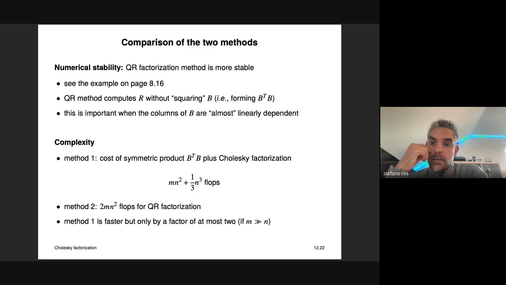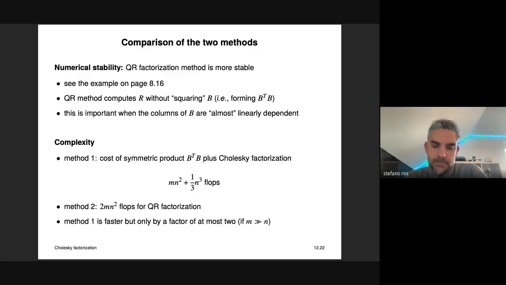Because if we square an element, the range could possibly either become much larger or much smaller, depending if we have something which is very large, much larger than 1, or very close to 0. So avoiding the squaring that we do in the Cholesky factorization gives generally more numerical stability.